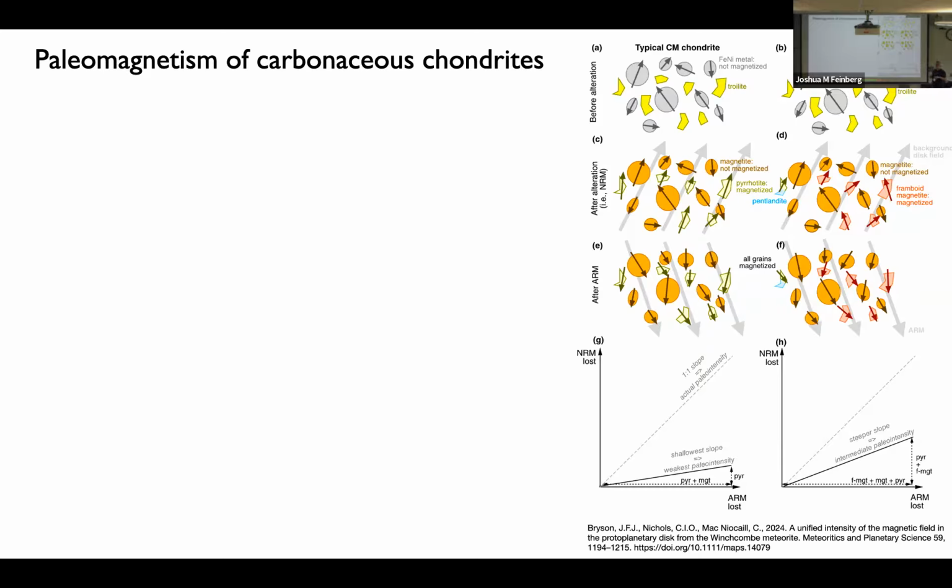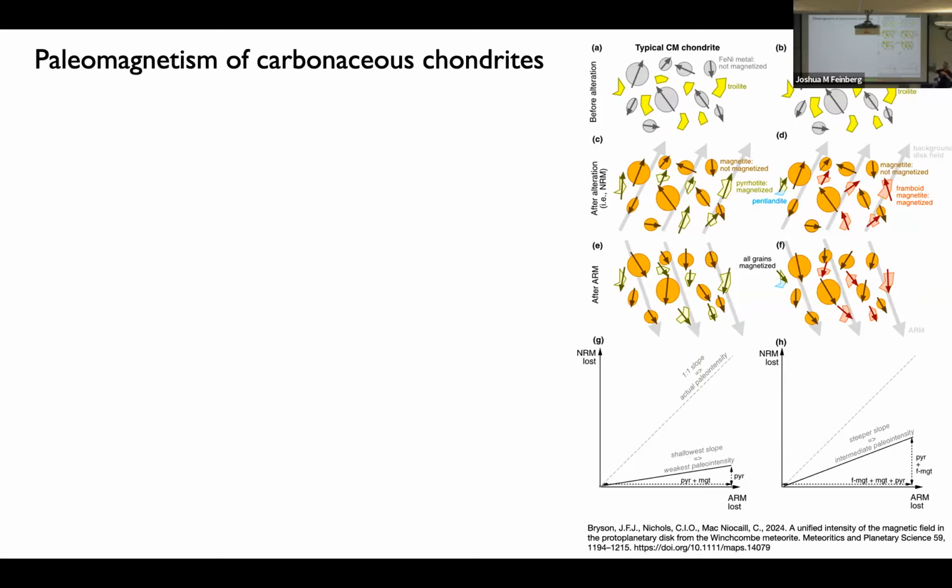What then happens is you have aqueous alteration on the parent body, and that's going to alter those primary minerals. It may grow new ones, so secondary minerals form. During aqueous alteration, the metal that you start off with gets converted into magnetite. Because the metal is magnetic and it's been converted topotactically into magnetite, it may inherit the pre-existing magnetic signal of those grains.